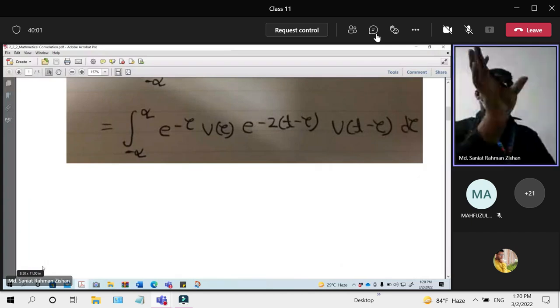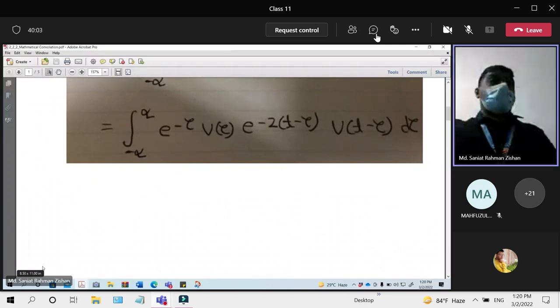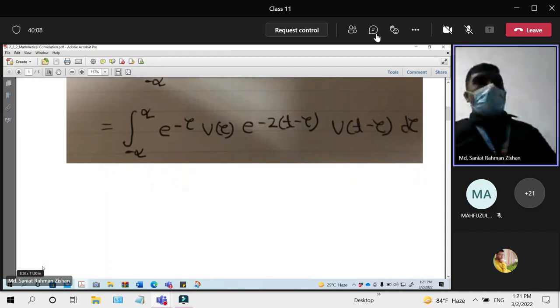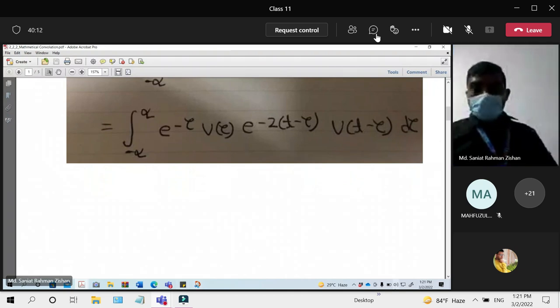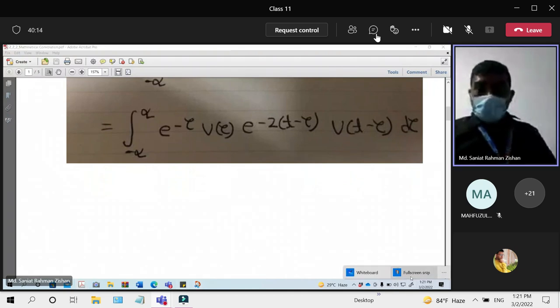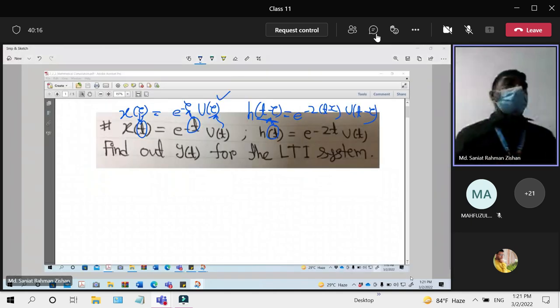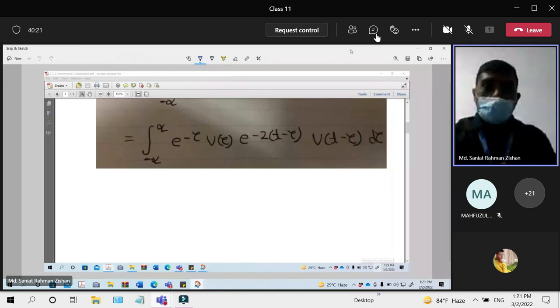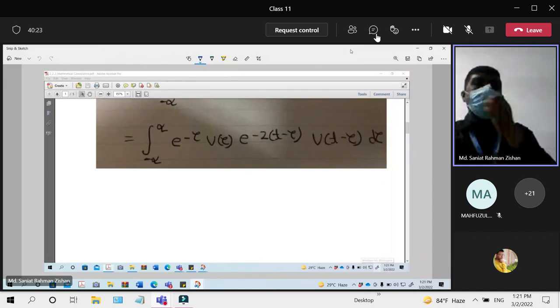You need to find the integration of this signal. How will I do it? Again, I am giving you some ideas so that you can do this calculation quickly. First of all, we are trying to get the output. We have also got the equation. We need to find the value of this integration.